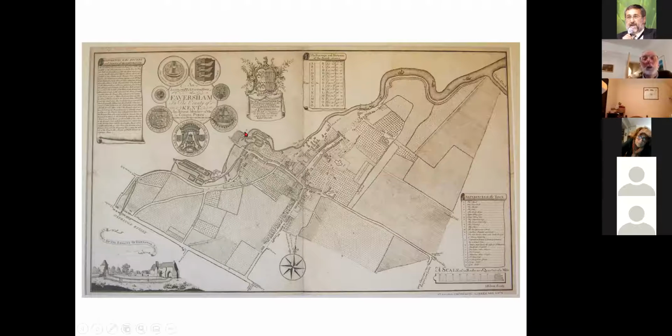And this map shows the position of the boundary stones all the way around, together with an itinerary, in effect, moving from one boundary stone to another. And they're shown on here and on here. We can see these in more detail in a minute. There's other things on this map. It isn't just a map of Faversham, but there's a dedication, for example, here.